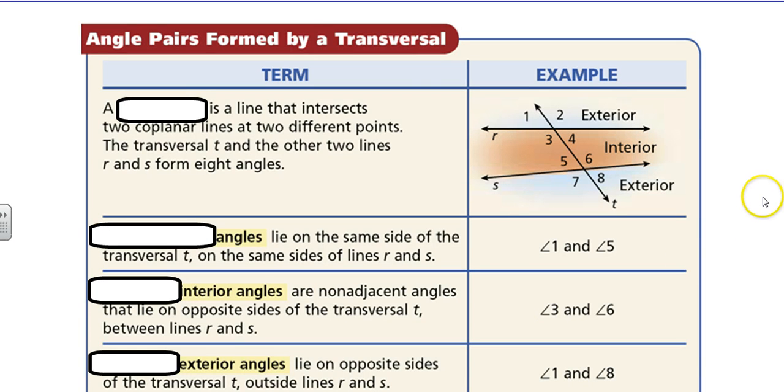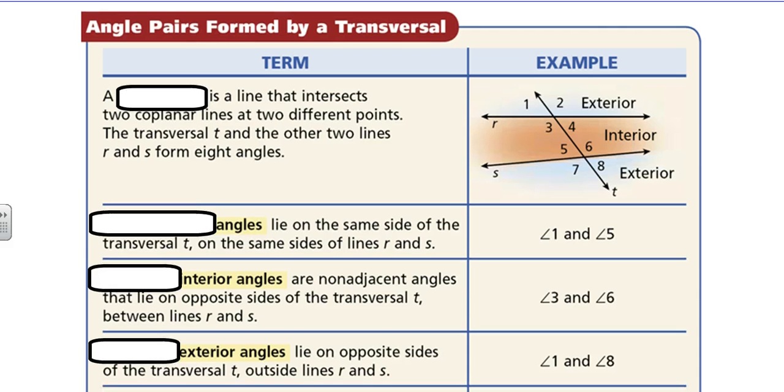Okay, now let's talk about how we can form angles by using a transversal. So a transversal is a line or a line segment that intersects two coplanar lines at two different points. The transversal here, T, and the other two lines, R and S, form 8 angles.